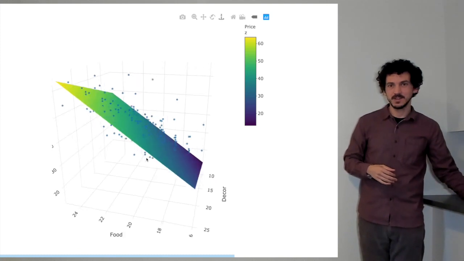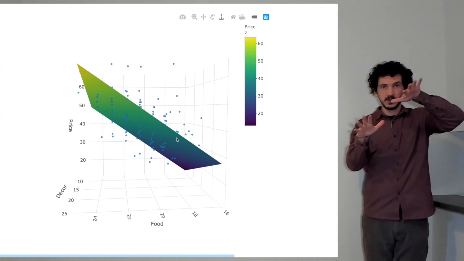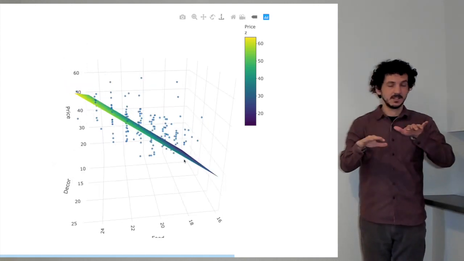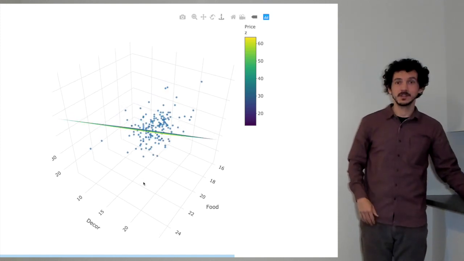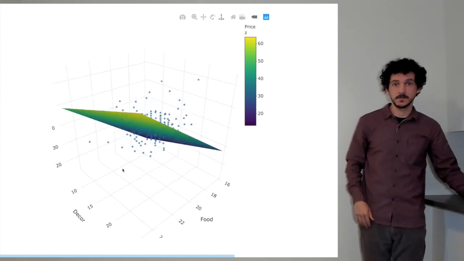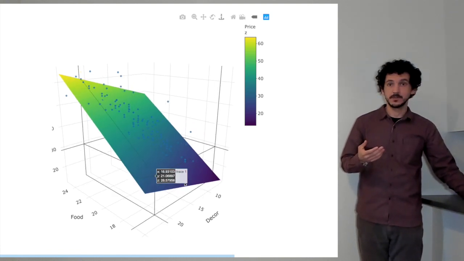Every different value of theta 1 and theta 2 is going to result in a plane that's tilted slightly differently. And this is the particular tilt that results in the lowest overall mean squared error.